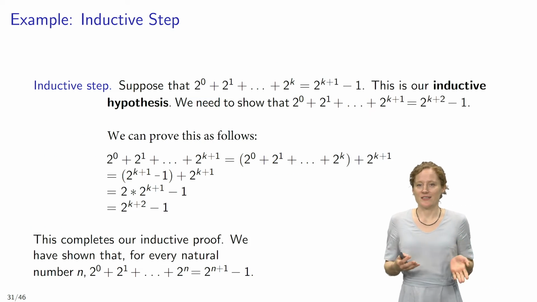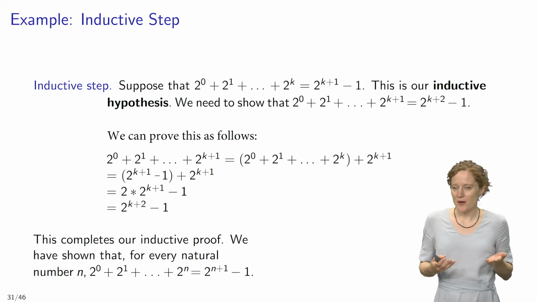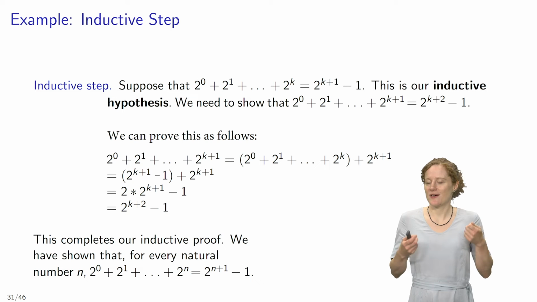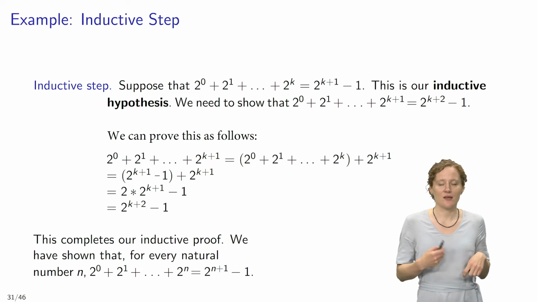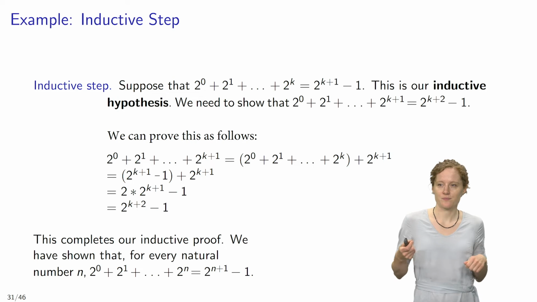Now, for the inductive step, we first assume an inductive hypothesis. The inductive hypothesis in this case is that 2^0 plus 2^1 plus and so on and so forth plus 2^k equals 2^(k+1) minus 1.